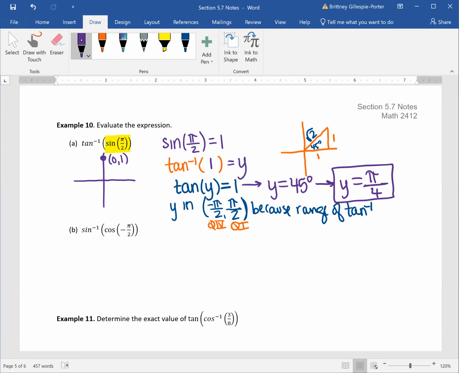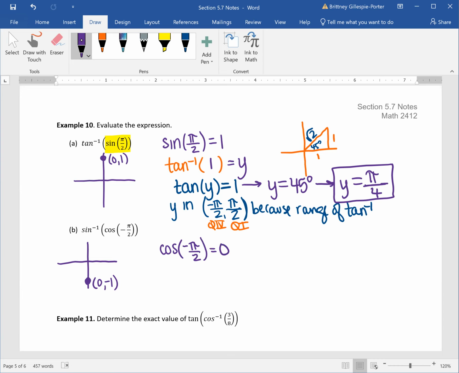All right, part B. We need cosine of negative pi over 2. Remember, pi over 2 is down below. Our ordered pair there is 0, negative 1. And we know that cosine of negative pi over 2 is equal to 0.